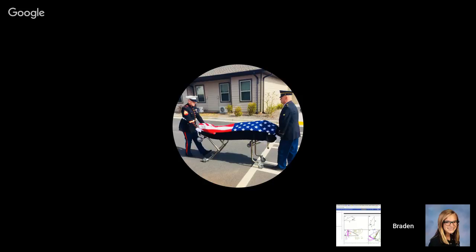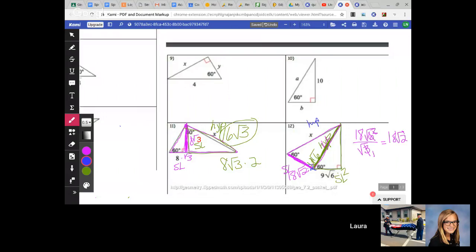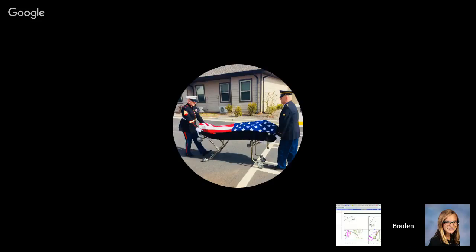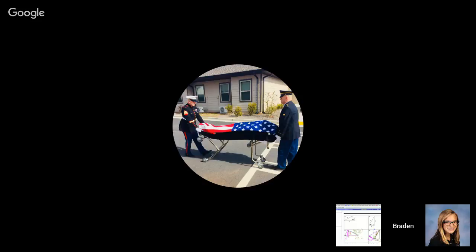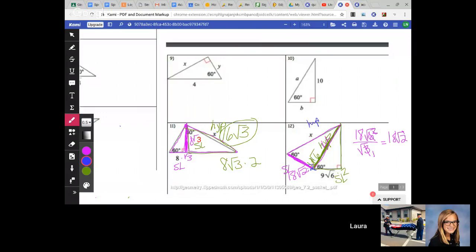What's 18 times 2? 36. You got it. And then don't forget that little root 2 hanging out in the back. So 36 root 2.